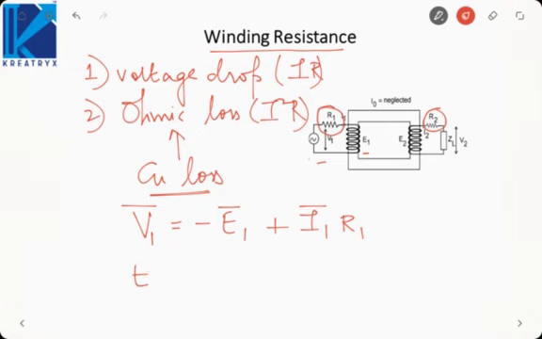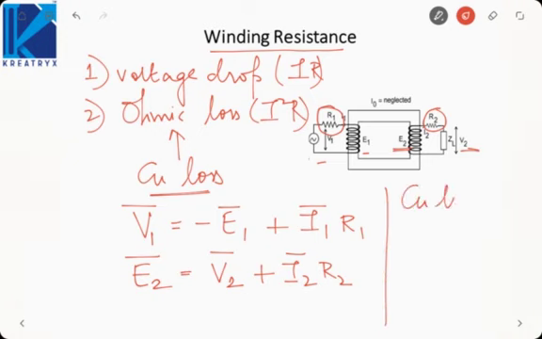Similarly, we can write down on the secondary side E2 is equal to V2 plus I2 R2, because the voltage drop between EMF E2 and voltage V2 is I2 into R2. Now the copper loss would be, in primary winding I1 square R1, in secondary winding I2 square R2.